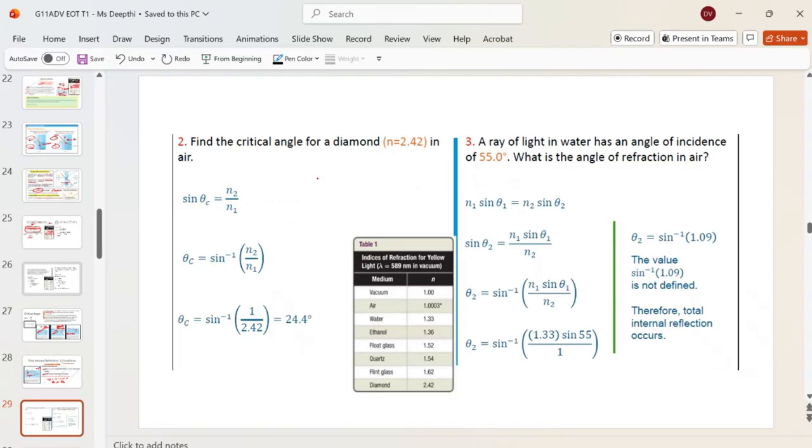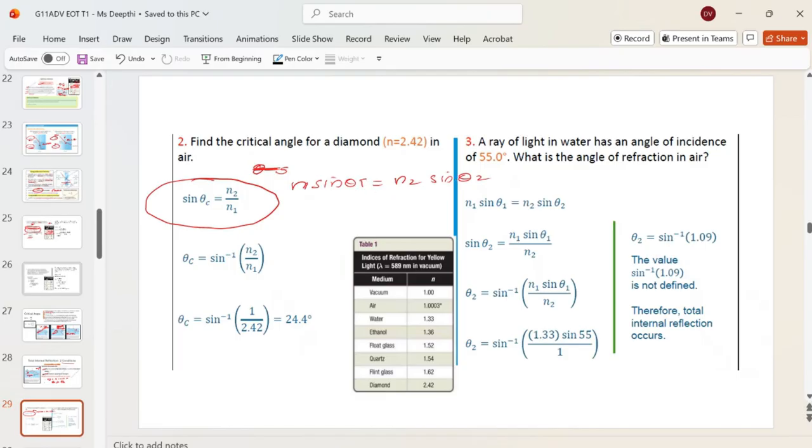Now, how do you find the critical angle of any medium? Let's find the critical angle of diamond. There's a formula, sine theta C equal to N2 by N1. But make sure that this formula you have got from Snell's law of refraction itself, like N1 sine theta 1 equal N2 sine theta 2, right?